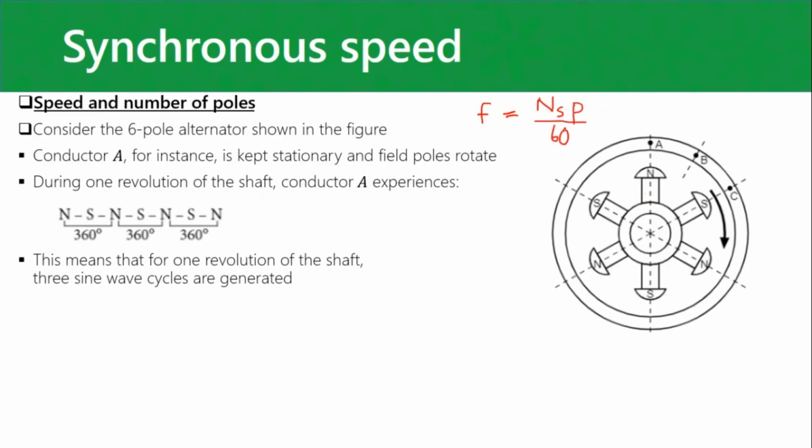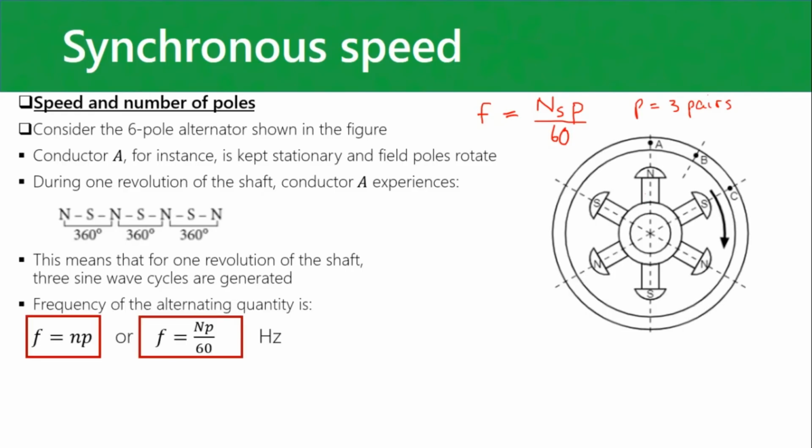So in this case, p would equal 3 pairs. Don't make that mistake and use 6, eh? So there's a definite relation there between the output frequency, the number of poles and the speed. Those are all very interlinked or dependent on each other.